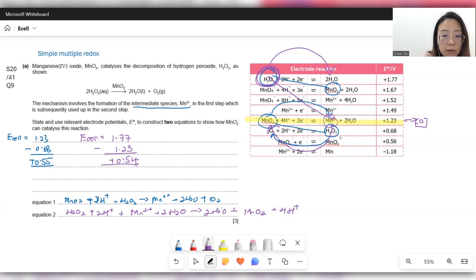Like this. So I can simplify by cancelling the 2H2O, and this 2H plus, I can cancel off to make it 2H plus on the right-hand side. Okay, so we have answered the question already.